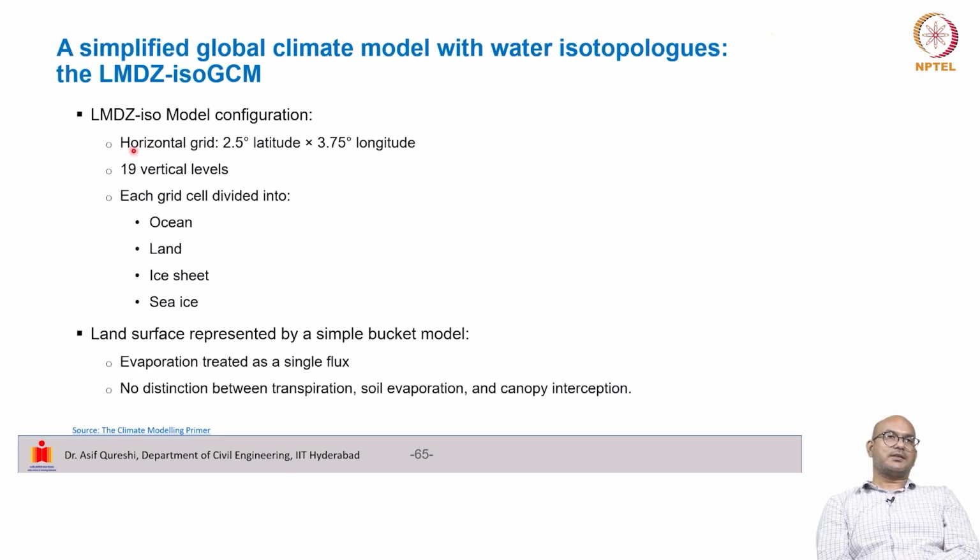The model is horizontally 2.5 degrees in latitude, 3.75 in longitude, and has 19 vertical levels. Each grid cell is divided into ocean, land, ice sheet and sea ice. The land surface is represented by a simple bucket model, which means the evaporation is treated as a single flux and there is no distinction between transpiration, soil evaporation and the canopy interception.